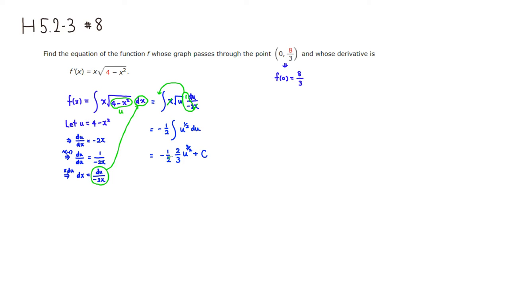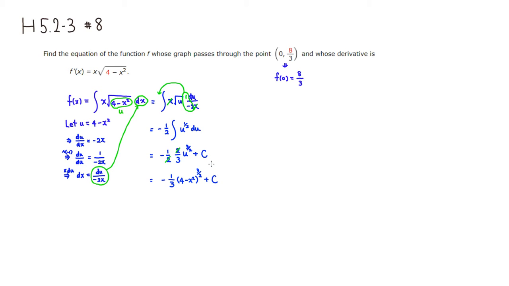You have a 2 on the bottom and 2 on top, which cancel out, and then you're going to have negative 1/3. Then u was originally 4 minus x squared, so this quantity to the 3/2 power plus some constant c.